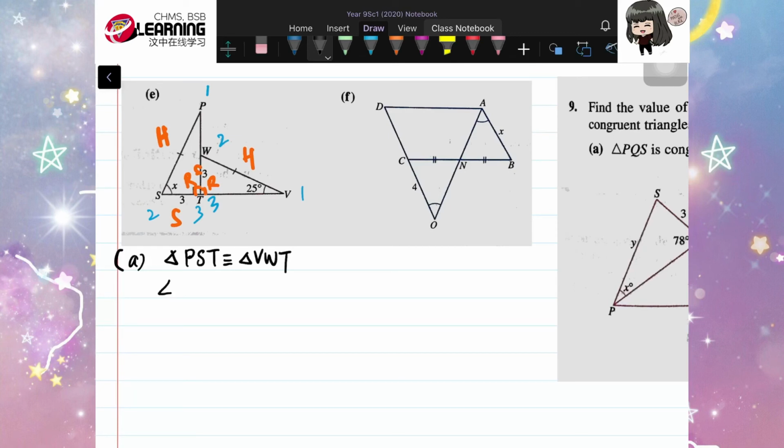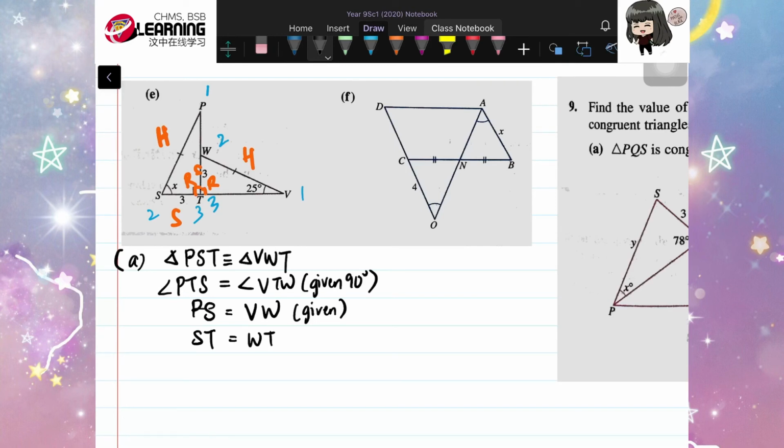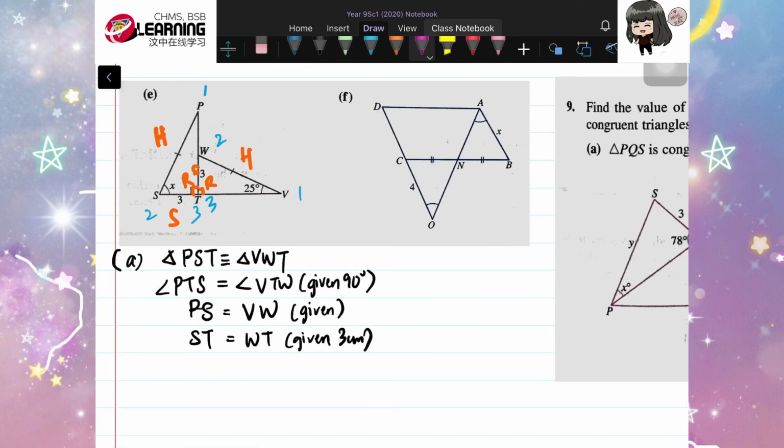So the right angle here is angle PTS equals angle VTW, and it's given 90 degrees. And then we have the hypotenuse, PS equals VW, it's given. And then we have the side, ST equals WT, given 3 cm.